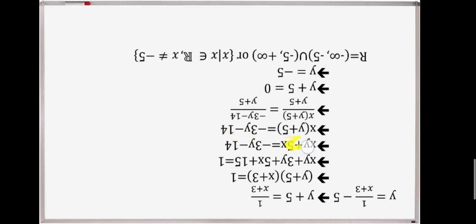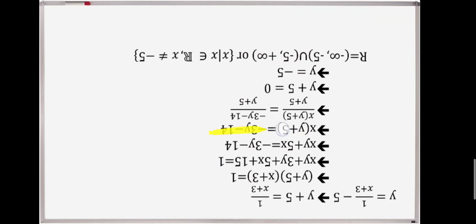So this xy will remain here. Then 3y will be transposed to the other side and become negative 3y. Then 5x will remain here. Then 15 will be transposed to the other side and become negative 15. Since we have here 1, 1 minus 15 is negative 14. That's why we obtained this equation.